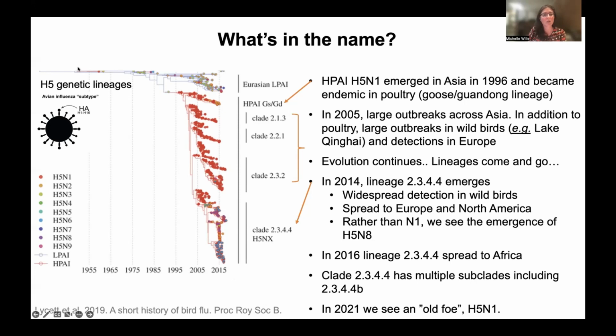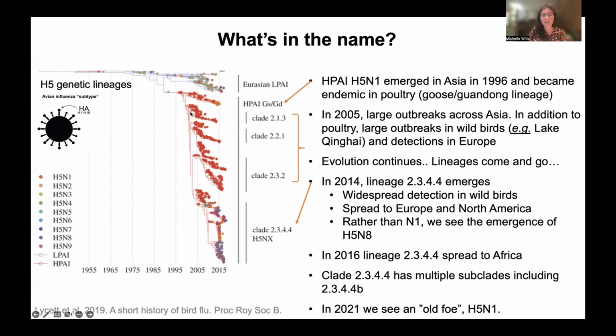So on the top here in the blue, we have lineages of low pathogenic H5 viruses that are found in wild birds. Here, starting in red, this represents the first detection of this lineage called the GSGD, which you may have seen. It's called the Goose Guangdong lineage. So this was the first detection of this highly pathogenic H5 lineage.